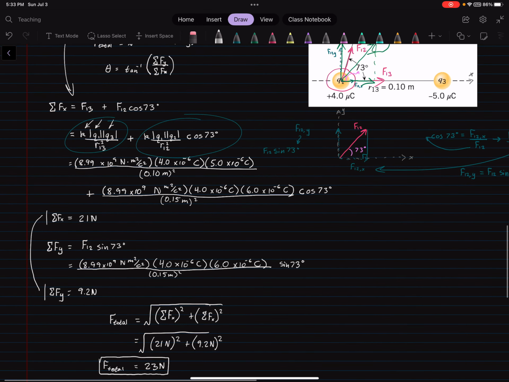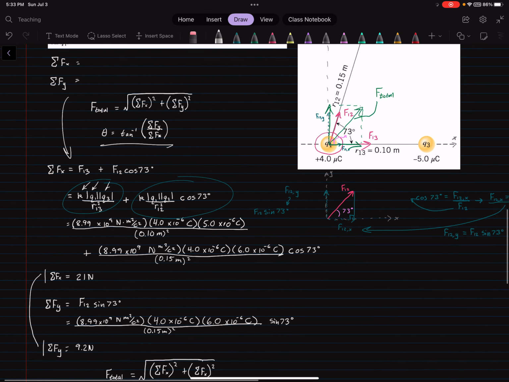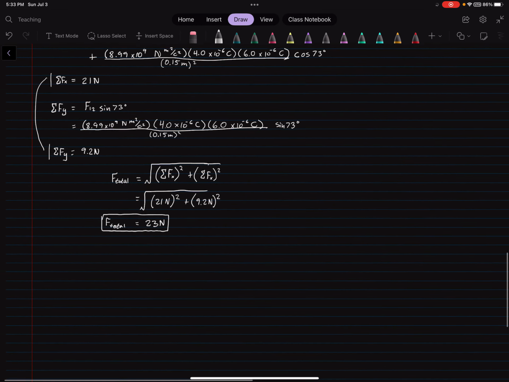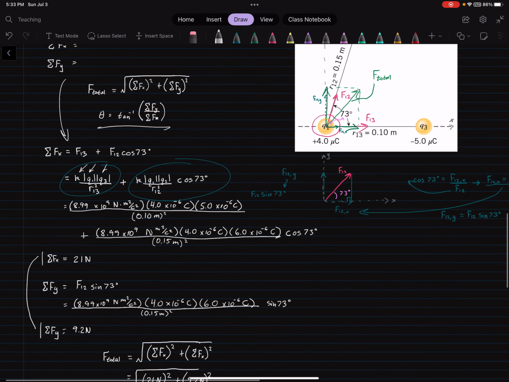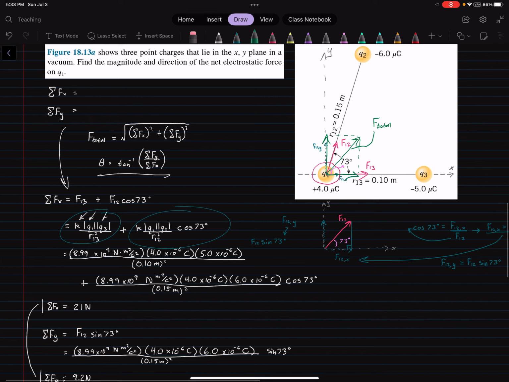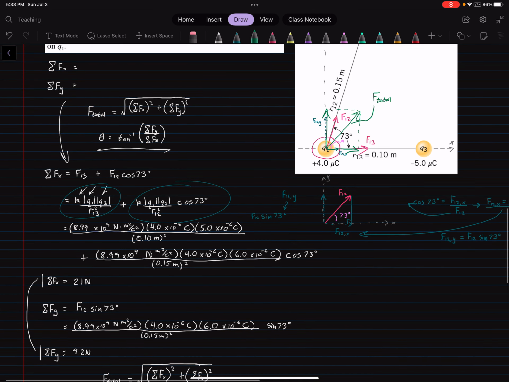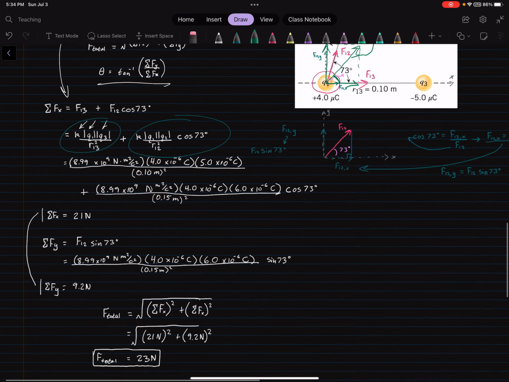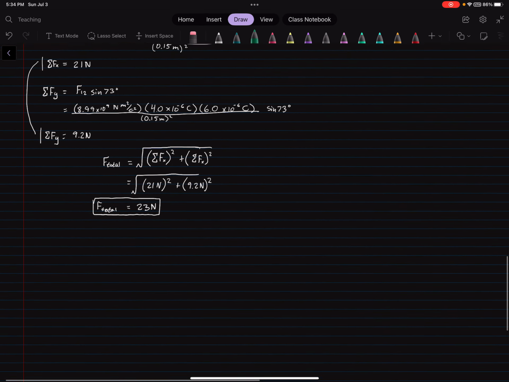The other task that we had was to find the angle. So the angle, which I've just referred to as theta there, the angle is back in green here, not this 73 degrees. That's giving the angle of the line between Q1 and Q2 with respect to the x-axis. This theta that we're going to find is the degrees respective to the x-axis that the F total vector lies in, right? That we've kind of depicted in a lighter green up there.